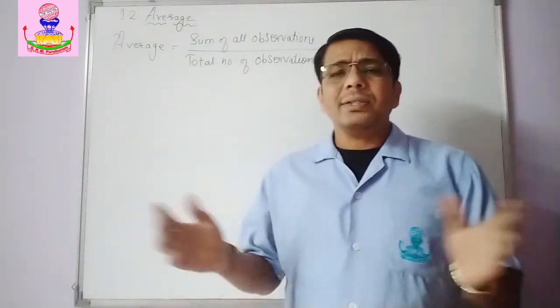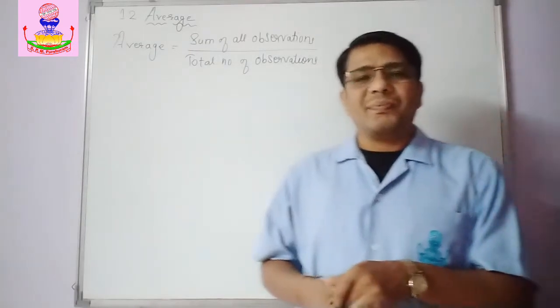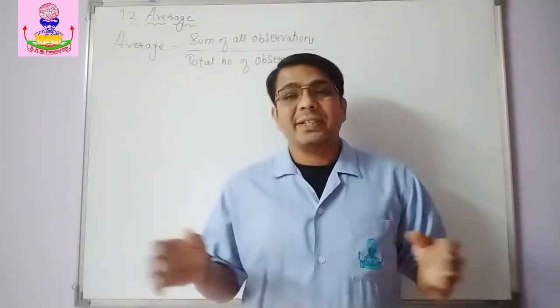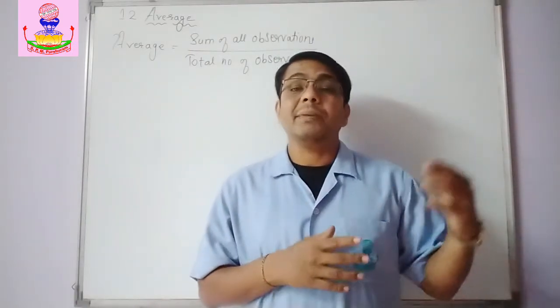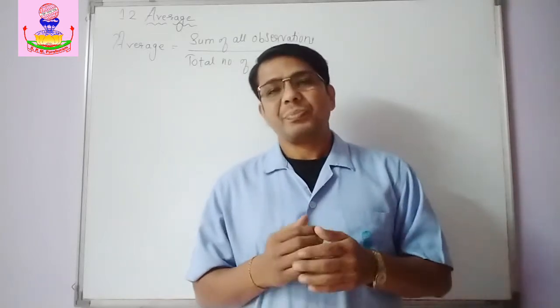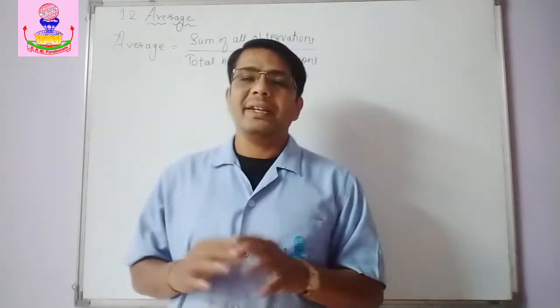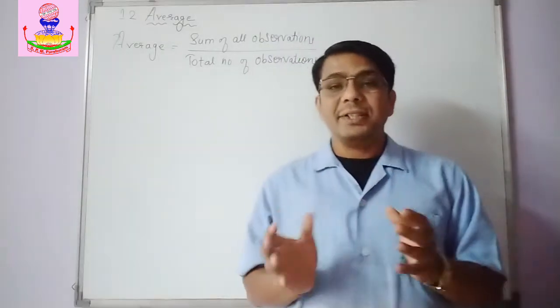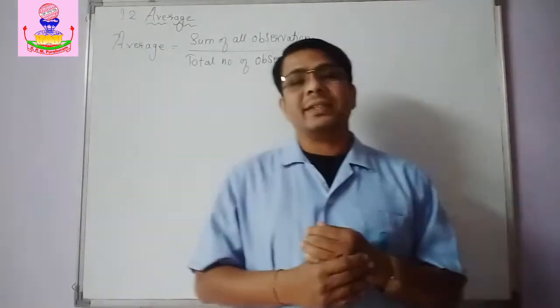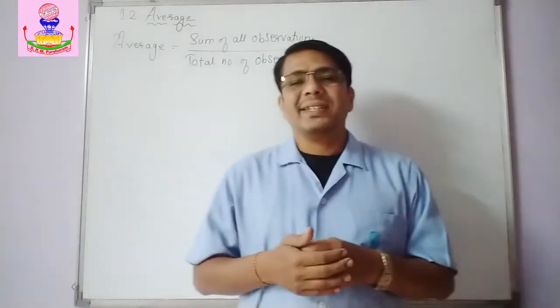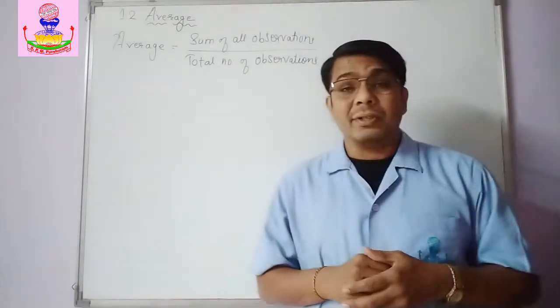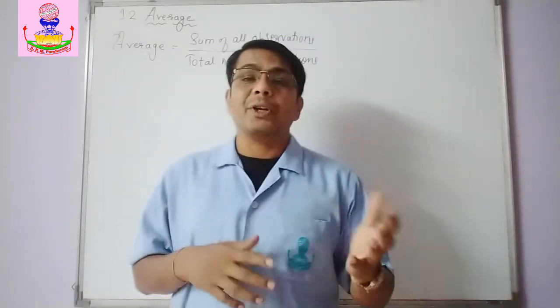Now average is used in our day-to-day life. When the temperature is told, the average temperature of the month of May in Chipadum is 40 degrees Celsius, what does it mean? Does it mean that daily it was 40 degrees Celsius? No. In some cases it may be 38, 37 also, and in some cases it may be 42, 43.